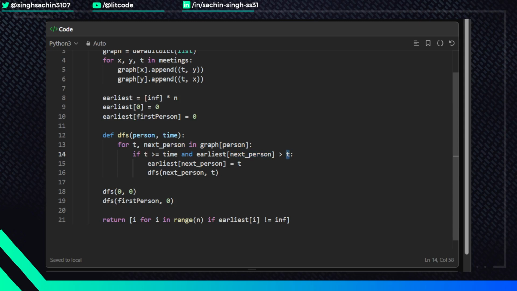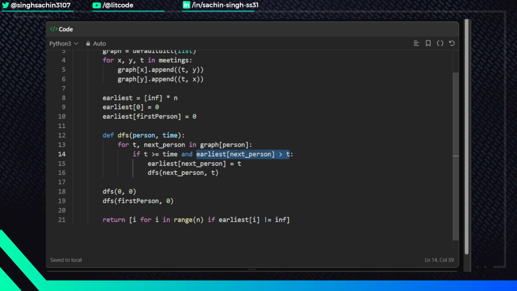For example, the next person was person 2. Initially he had infinity, so of course he doesn't know about the secret. And we will check, what if at time 2 we share the secret. So this is the condition to do that.